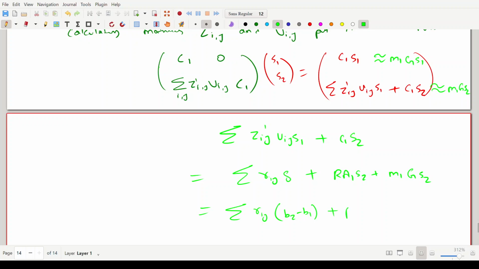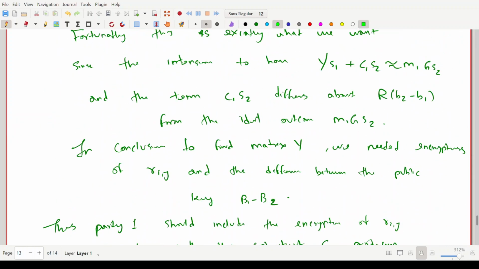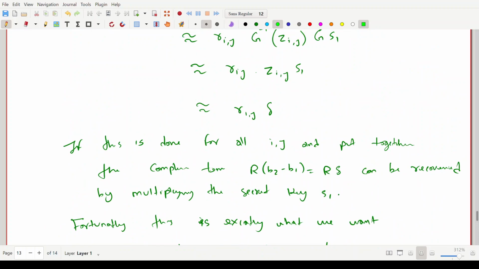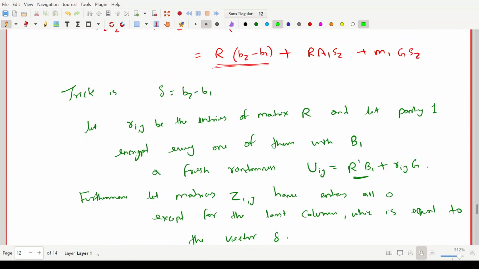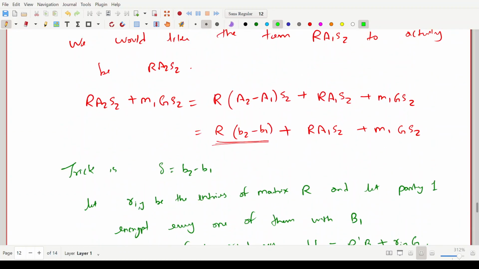Plus this is R E1 S2, and this will be as it is M1 GS2. Now observe. R E2 S2 plus M1 GS2 can be written as R(B2 minus B1) plus R E1 S2 plus M1 GS2.